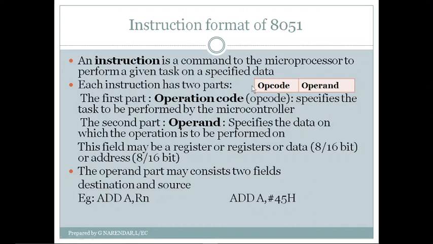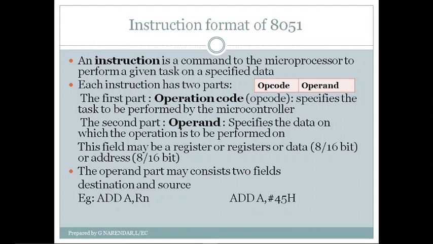These two parts of the instruction specify something to the microcontroller. The opcode, a short form of operation code, specifies the task to be performed. We have seen that each instruction is a command to the microprocessor to perform a given task on specified data.